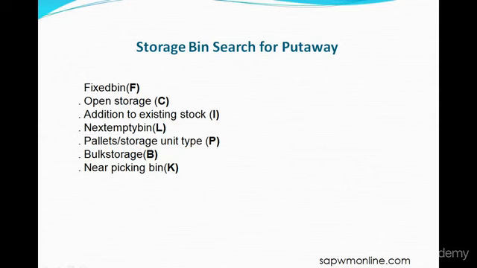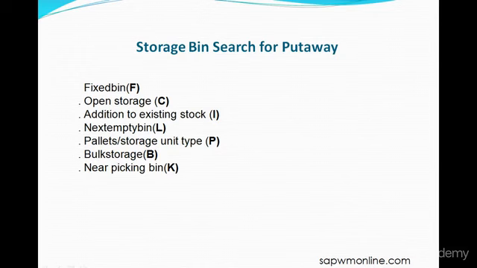Now all these strategies are applicable in different scenarios. In a warehouse, typically we would be storing different kinds of materials, and there would be a different need in the way the material is to be put away or to be stocked in the warehouse. So depending on the warehouse structure, warehouse arrangement, and the nature of the material, we can use a combination of these strategies to find an optimal solution in the way we are going to store the material.